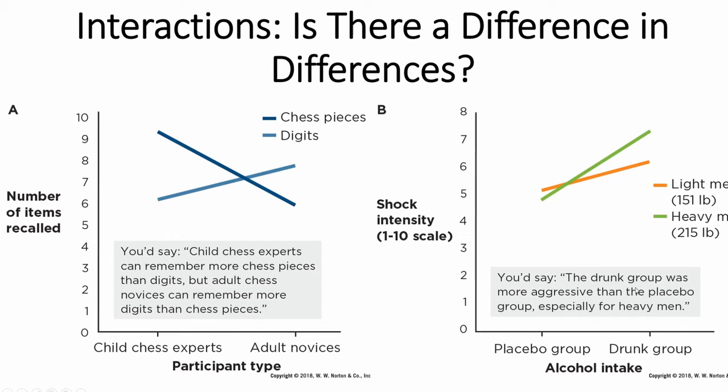So both of these are fine ways to talk about these interactions. This is the by-the-book way. And this is when you can say, yes, this pattern is what we see, especially for or depending on the weight of the group. So there's a couple of different ways you can do this.